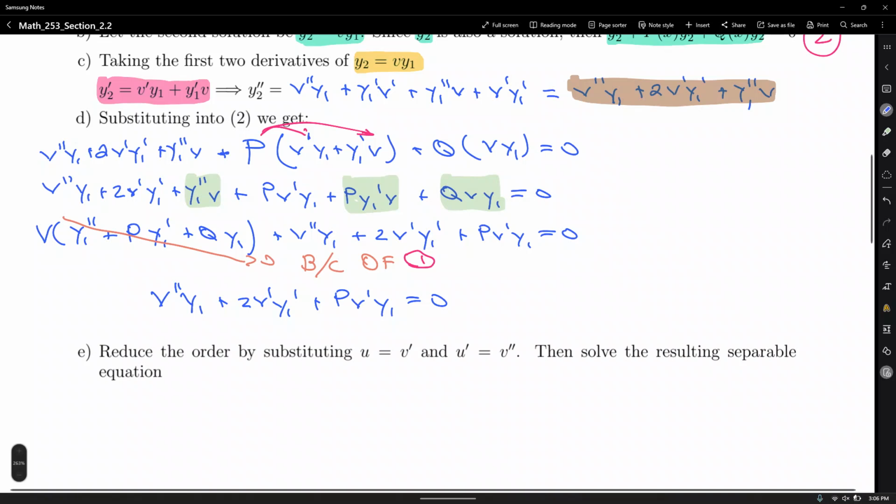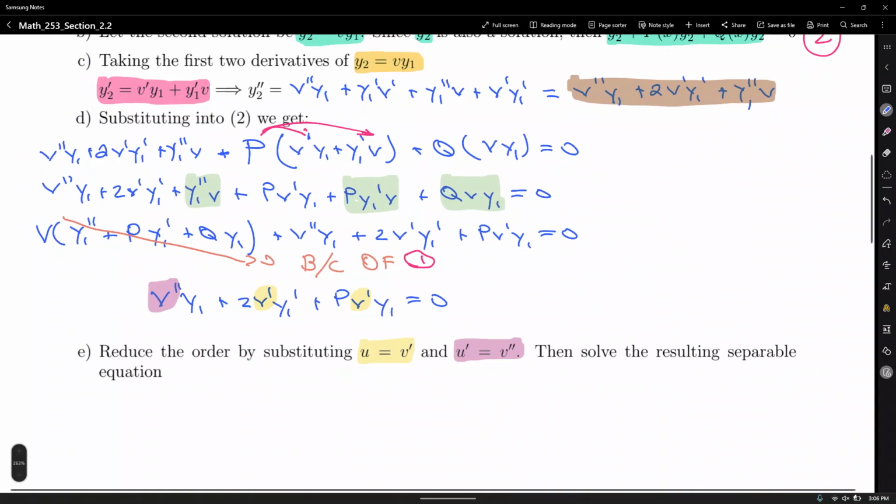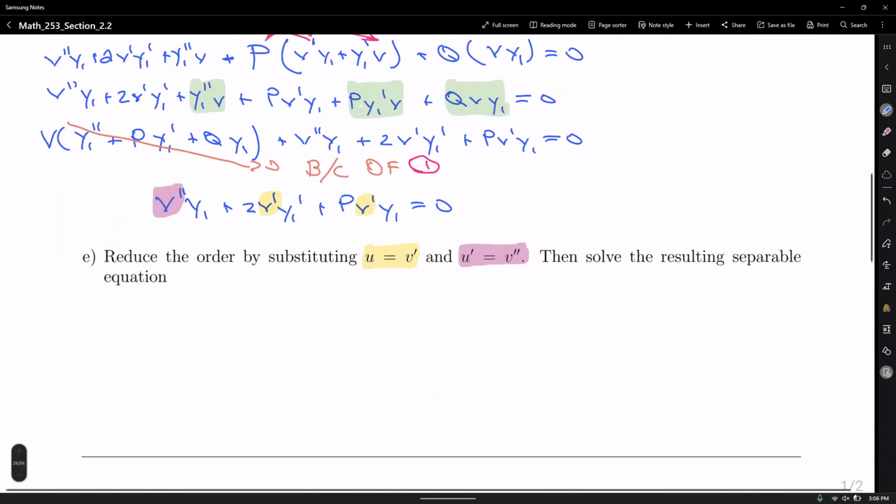Whatever you see, v prime will be replaced with a u, and v double prime will be replaced with a u prime. So that's how we reduce the order. A second order differential equation will be reduced into a first order differential equation.